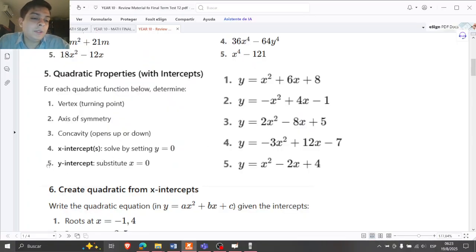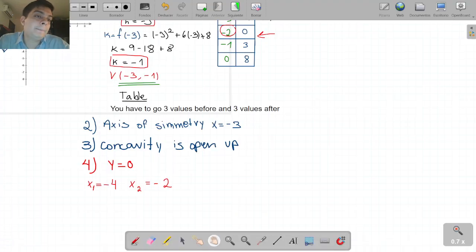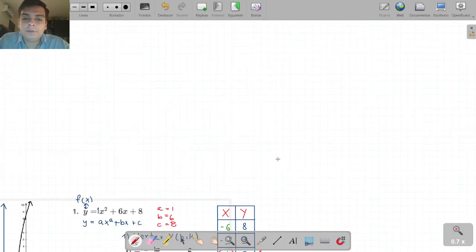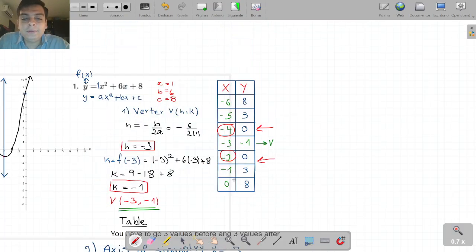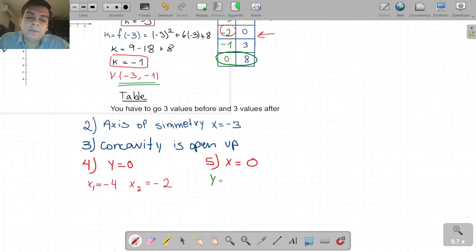And lastly, we have the y-intercept, which is number 5. The y-intercept is when x equals 0. So when x equals 0, you may see here, y equals 8.